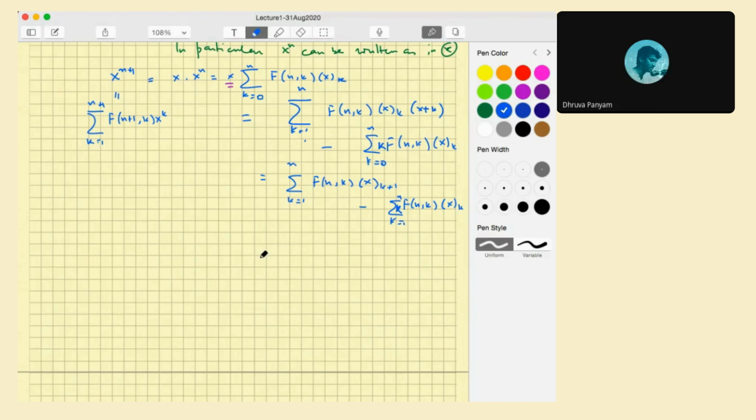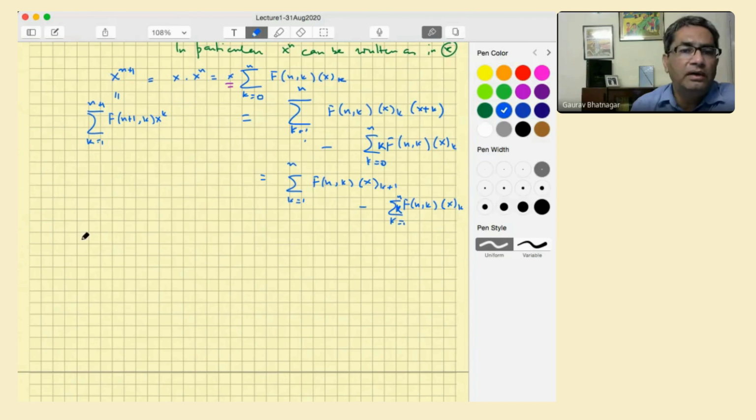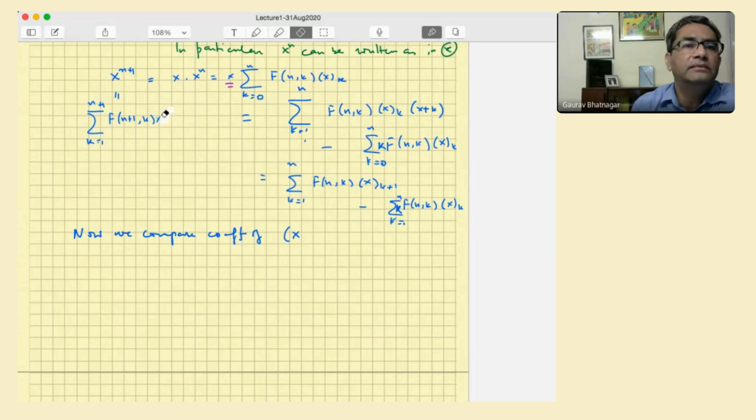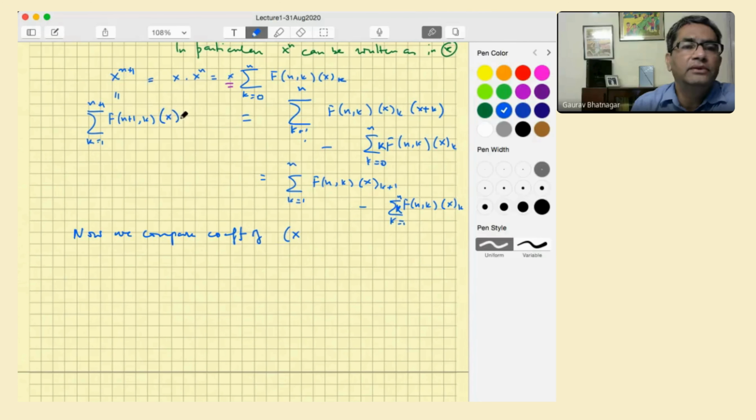Yes, Professor. Okay, so now what are we comparing? Now we compare coefficients of x, and this side is also something wrong. Sorry about that.